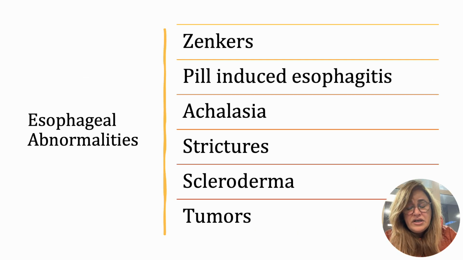Esophageal issues, as I mentioned before, from Zenker's diverticulum, achalasia, strictures of the esophageal area, rings, scleroderma, tumors, pill-induced esophagitis. There are many things that may happen with the esophagus.